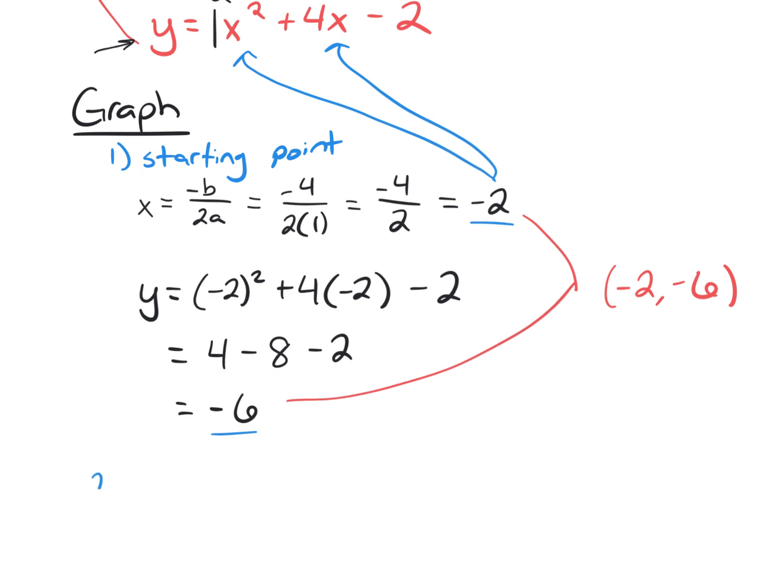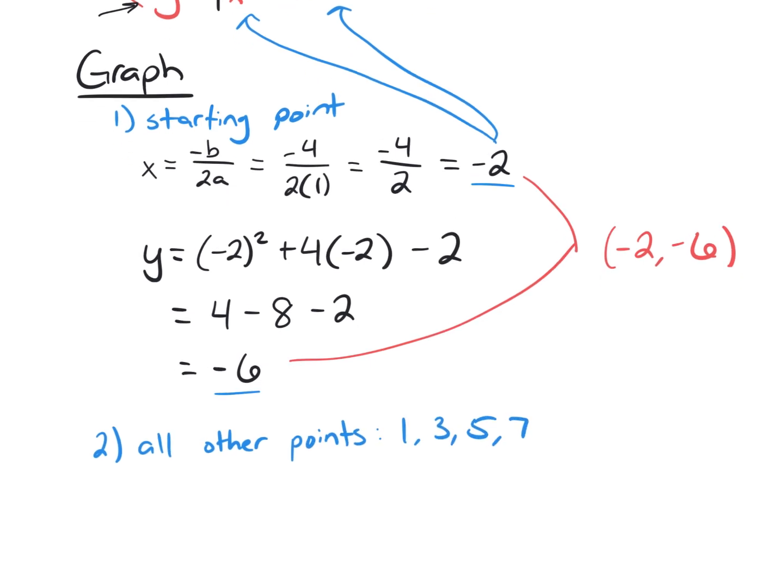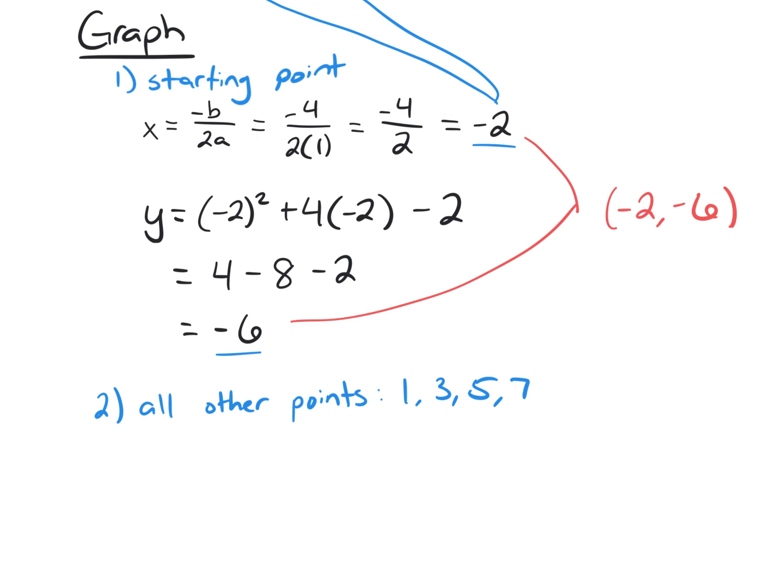Then, how do I get all of my other points? Step pattern, yep. We're going to do 1, 3, 5, 7. So again, that's over 1, up 1, over 1, up 3, over 1, up 5, and then you keep going.